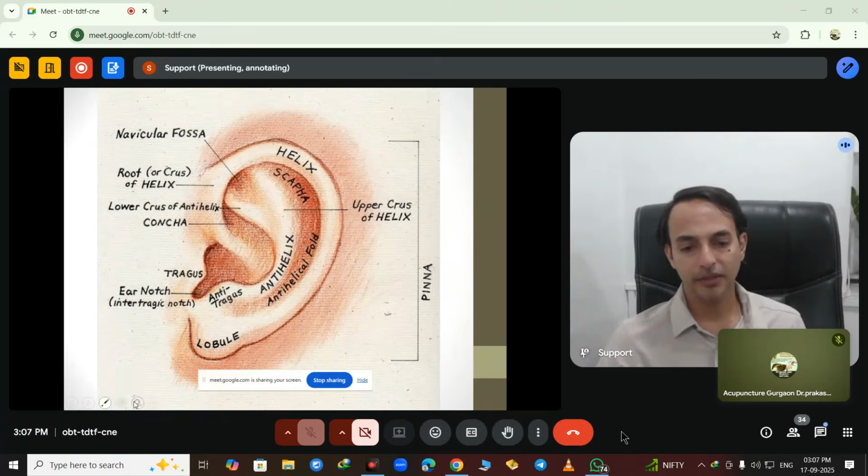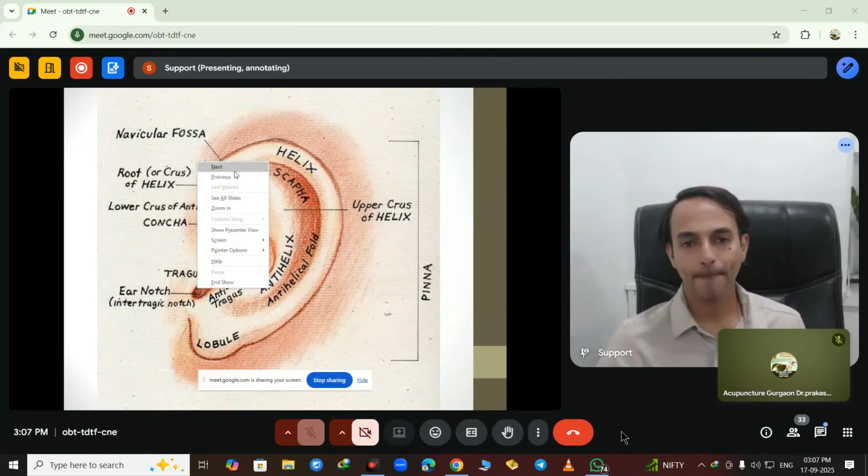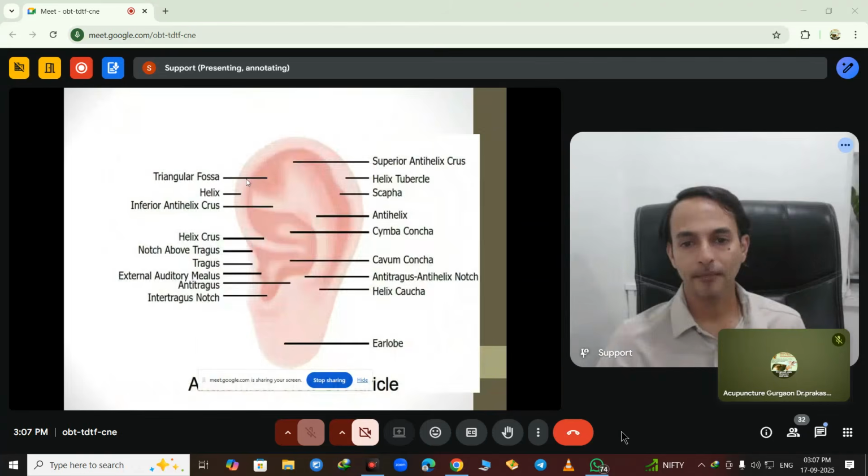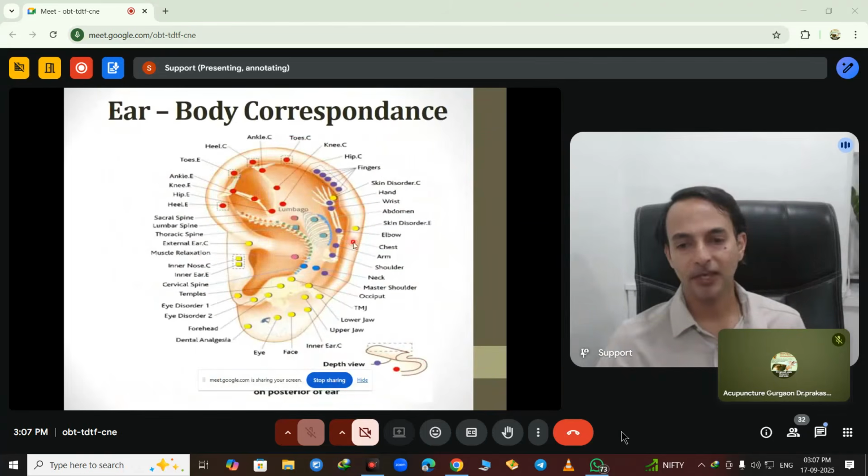First of all, what we do is generally ये picture में दिखाता हूँ. This is the ear and body correspondence. That shows you that human body is inverted fetus on the ear, and we get the points according to this picture. ठीक है?